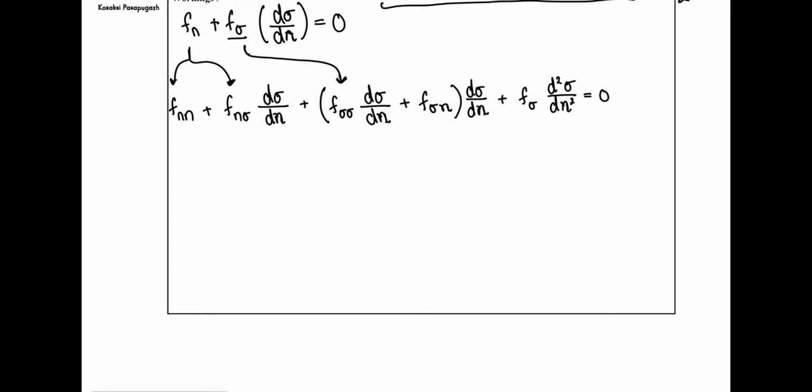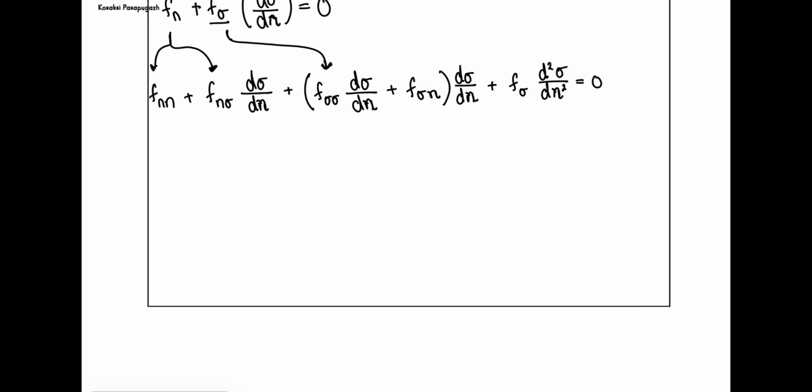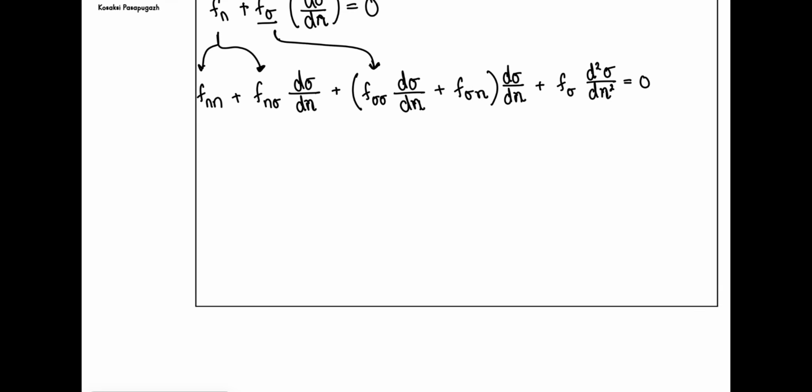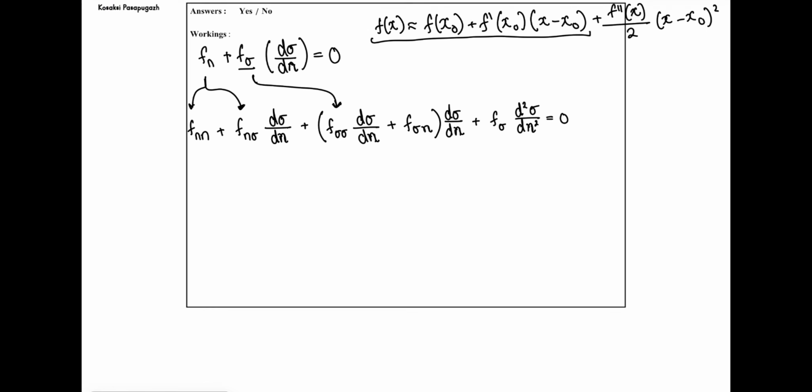Luckily, most of this cancels out because a lot of these values are just 0. So if I rewrite the partial derivative, the partial derivative with respect to sigma was equal to minus 3p sigma squared plus 2p. So if we differentiate the partial derivative with respect to eta again, we will just get 0.